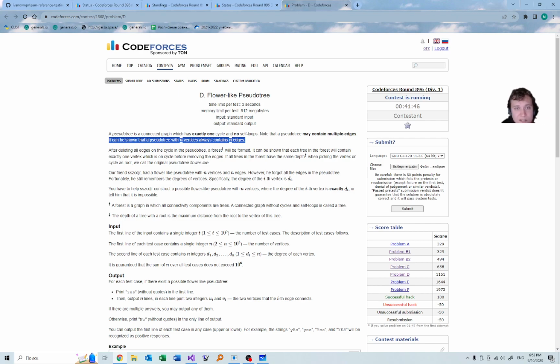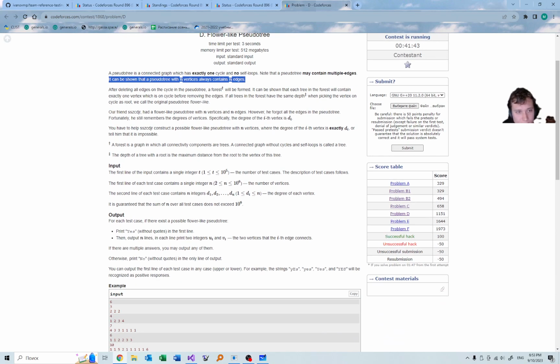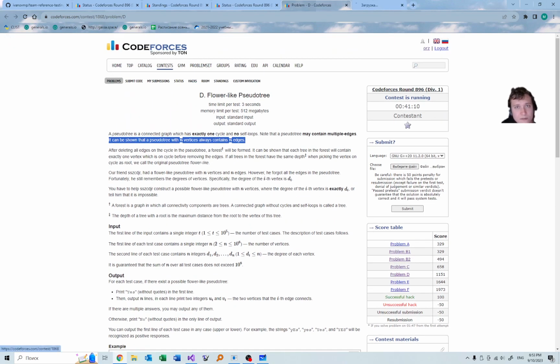If all trees in the forest have the same depth when picking the vertex on the cycle as a root, we can call the original pseudo-tree flower-like. Our friend has a flower-like pseudo-tree with n vertices and n edges. However, he forgot all the edges in the pseudo-tree. Fortunately, he still remembers the degrees of the vertices.